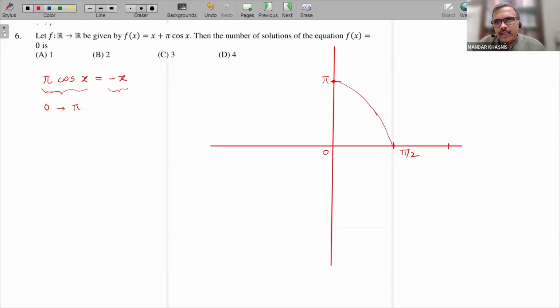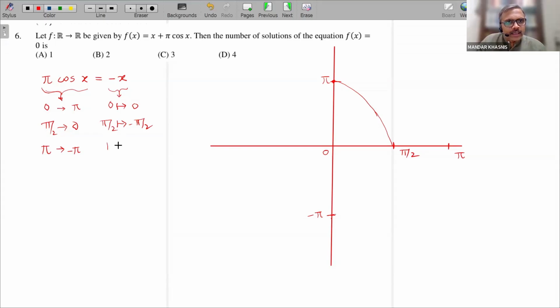So at pi by 2, this is 0. Now at pi, it is going to be minus pi, because cos pi is minus 1. I'm writing the minus x values down.